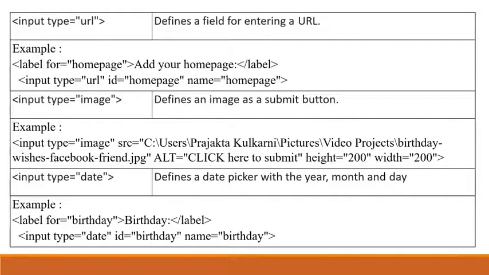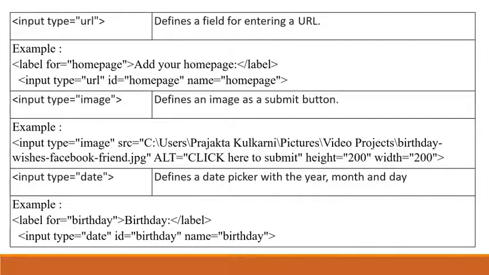Next is input type is equal to image, which defines an image as a submit button. That means as you click on the particular image, then it will appear as a submit button. Now for example, input type equal to image, SRC attribute is the source attribute where you have to insert the source of the file with its complete location, that is folder name, then file name, dot extension.